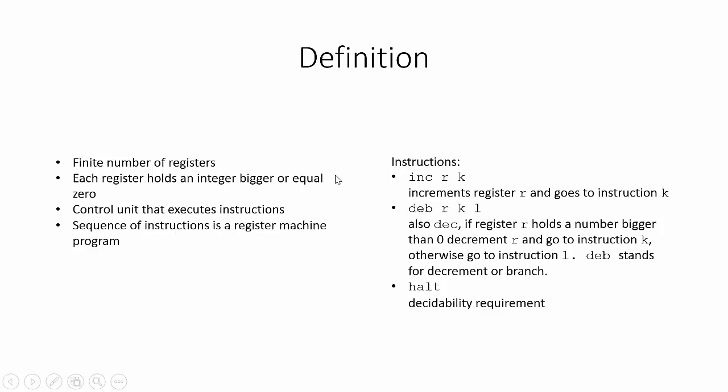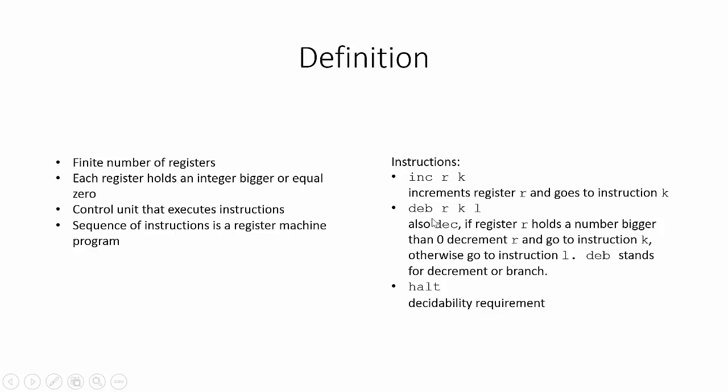So what instructions do we have? We have only 3 instructions in a register machine. An increment instruction that increments register R and goes to instruction K, and a decrement instruction that decrements register R and goes to instruction K. I told you that a register can hold only numbers greater than or equal to 0.